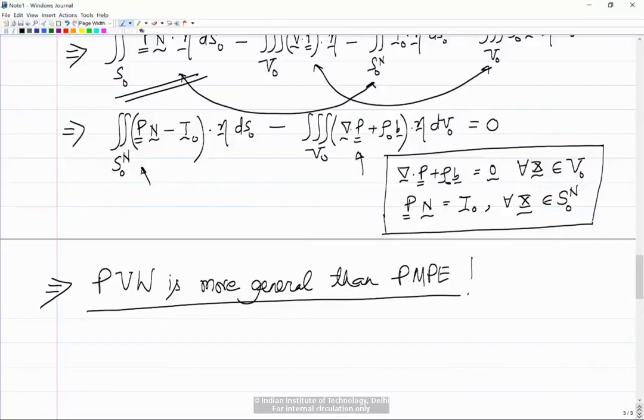Dead load is one example of conservative load, but otherwise it is valid for any conservative load. Any more questions? No questions?